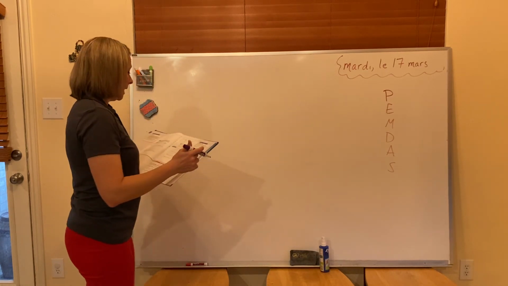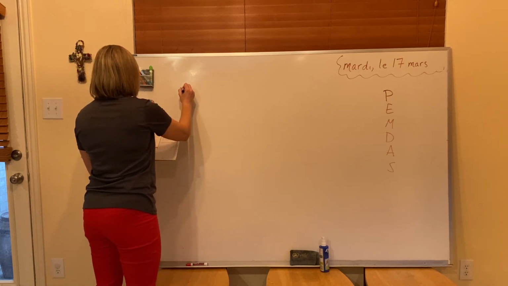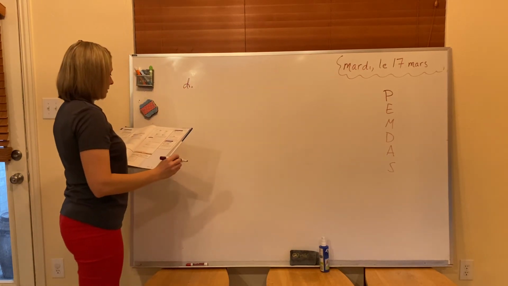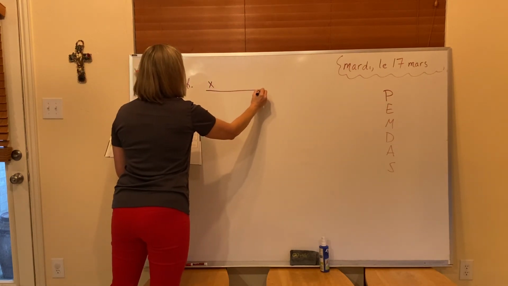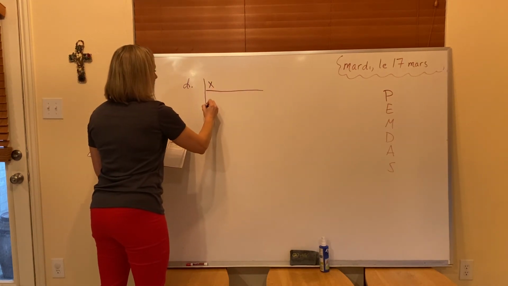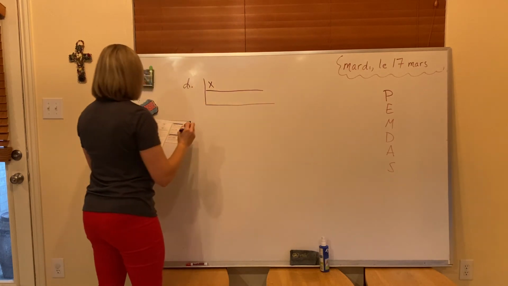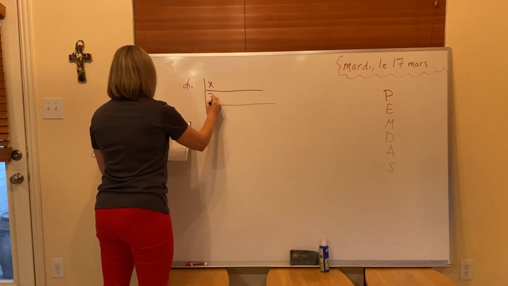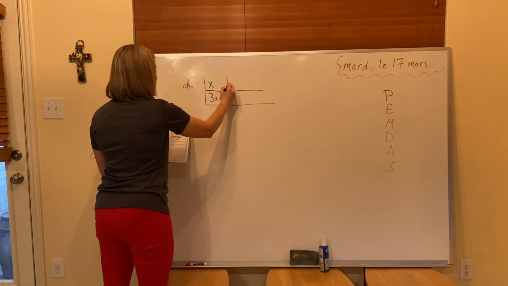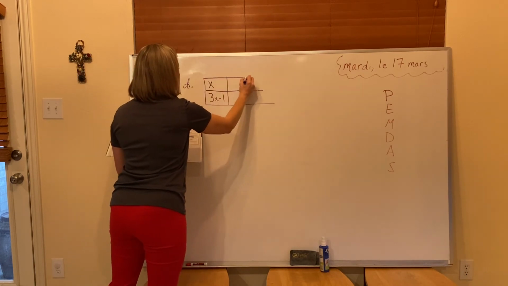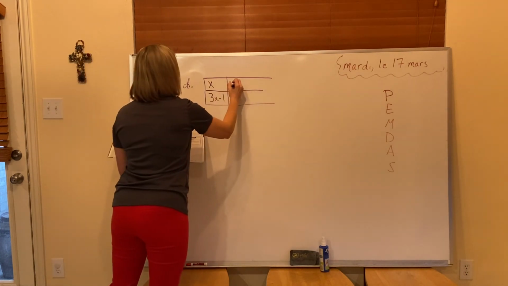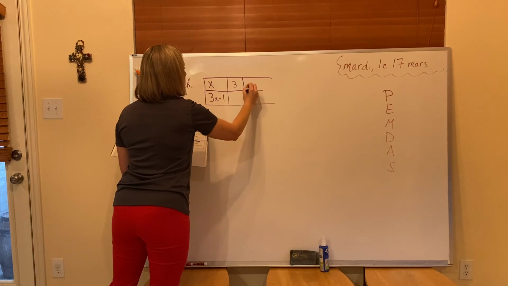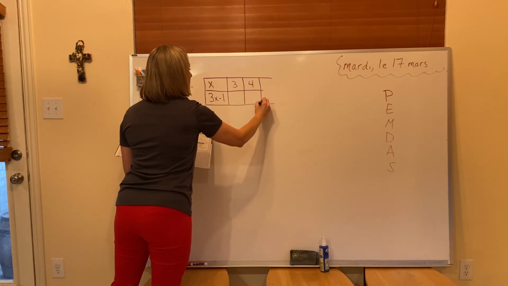But let's look at D. So D gives us values for X, and it gives us the function. So our function is 3x minus 1. Gives us values for X of 3, 4, and 7.